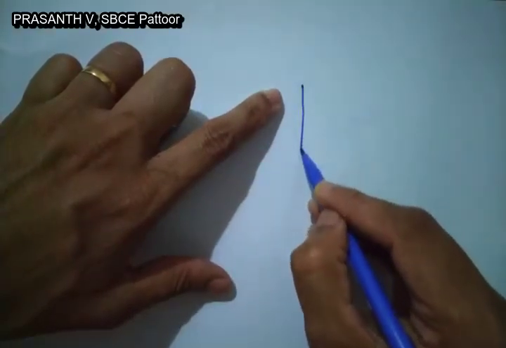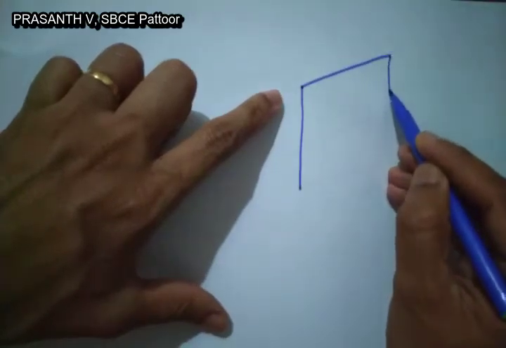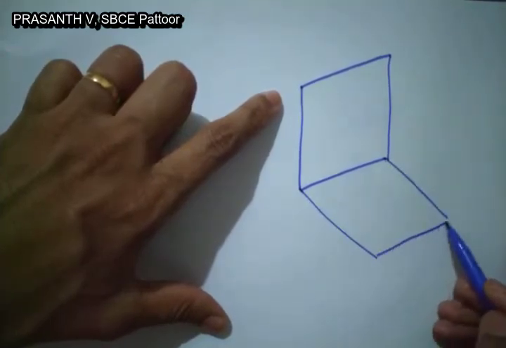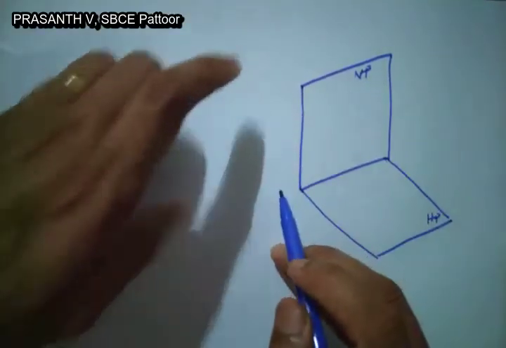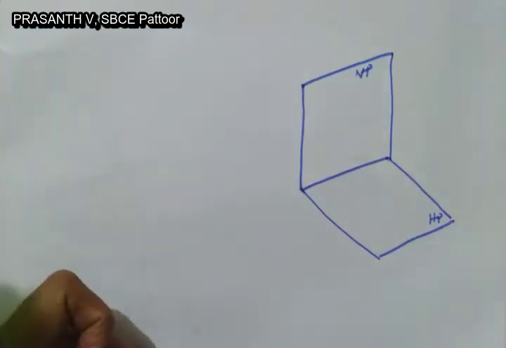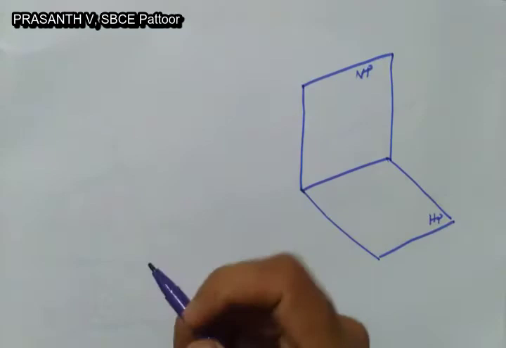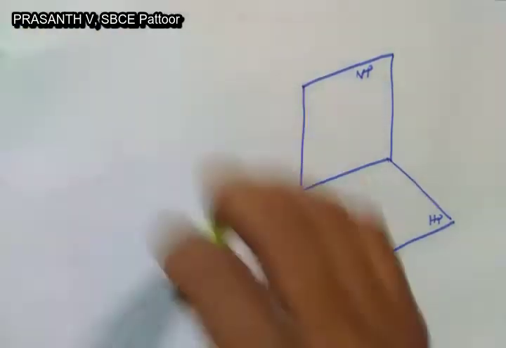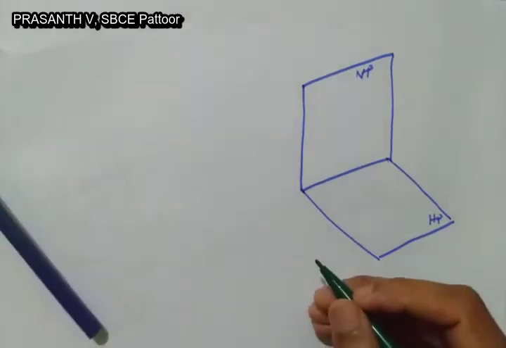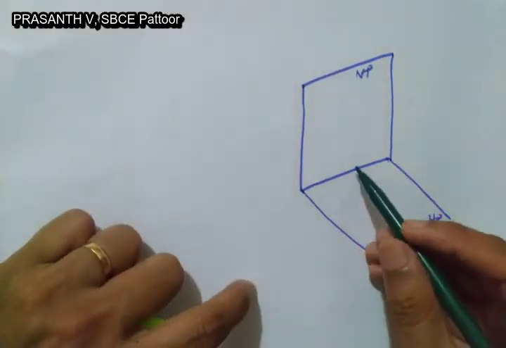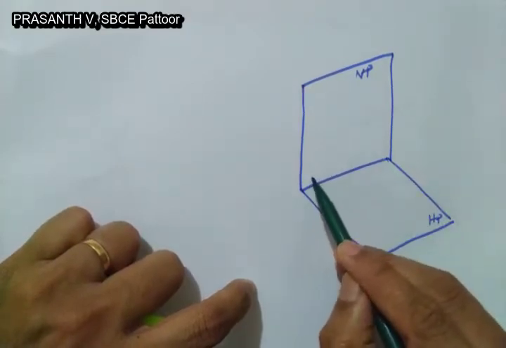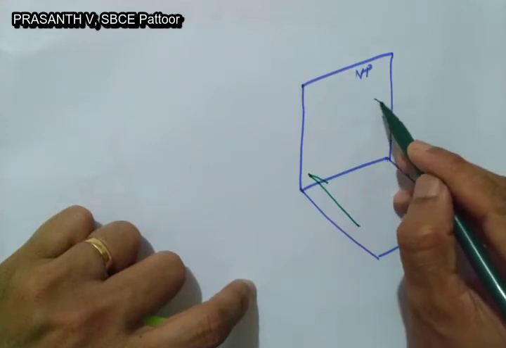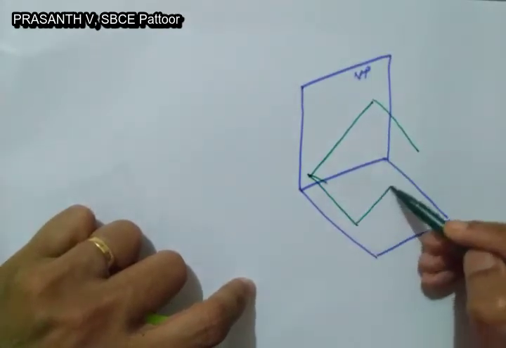Here also, let's consider: if a section plane is inclined to HP, the section plane will be like this.